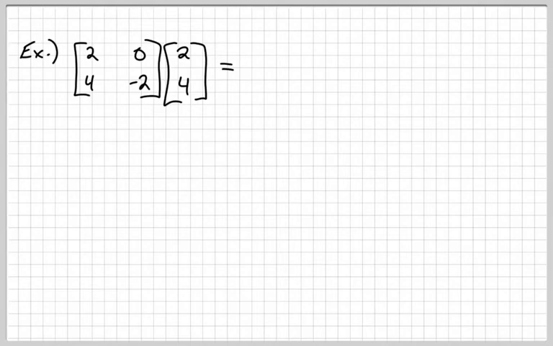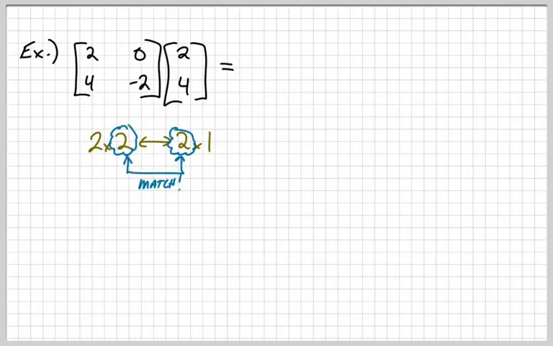So does that work? Am I able to multiply those together? Let's compare 2 by 2 for this, and then for the other dimensions we have a 2 by 1. Right away, look at the inside numbers, we've got a winner, we've got a match. So we can move forward with multiplying these. And our new matrix is going to have dimensions, look at the outside numbers, 2 by 1.